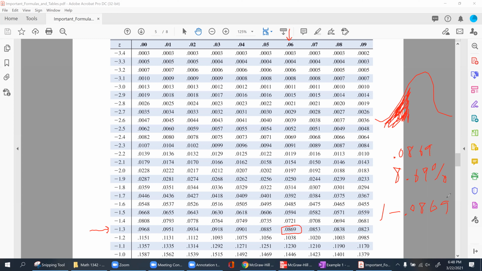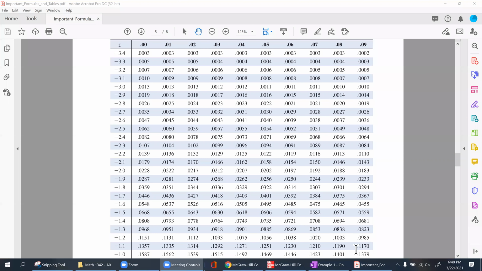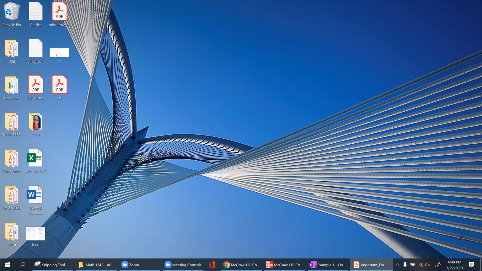If you're still unsure or unclear about that process, I would highly recommend you review section 6.1, because all those methods, greater than, less than, bounded between, and working backwards, given the probability and then finding the x value, we're going to be using in all these examples.